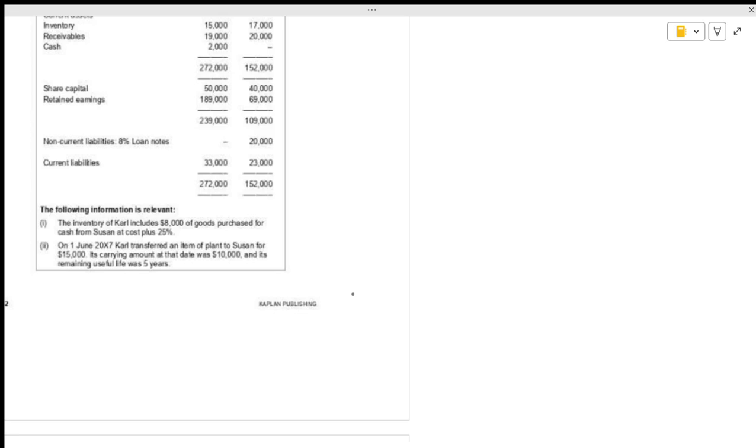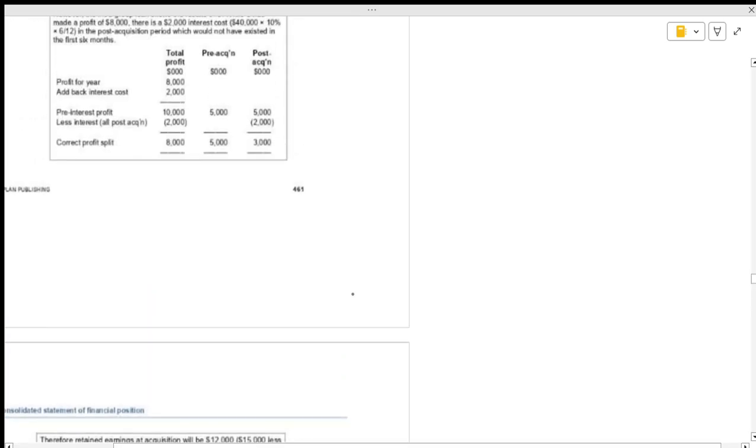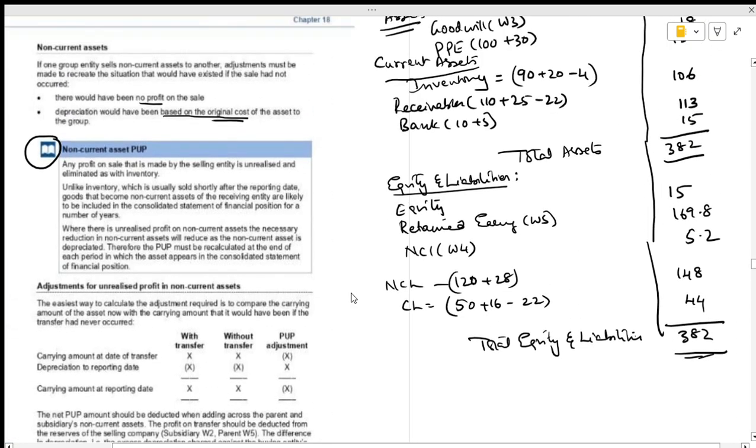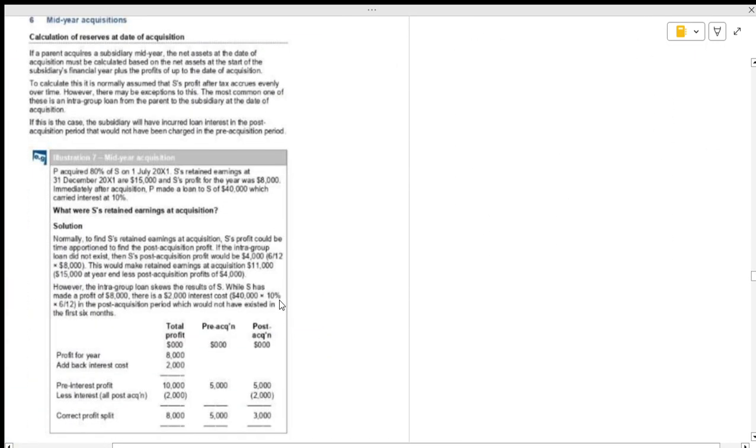Inventory is cost plus 25%. Cost plus means 100 plus 25, so 25 divided by 125. On June 1st they transferred a plant for 15,000. Carrying amount is 10,000. Useful life is 5 years. In the condition they said depreciation would have been based on the original cost of the asset. Fine. Next.